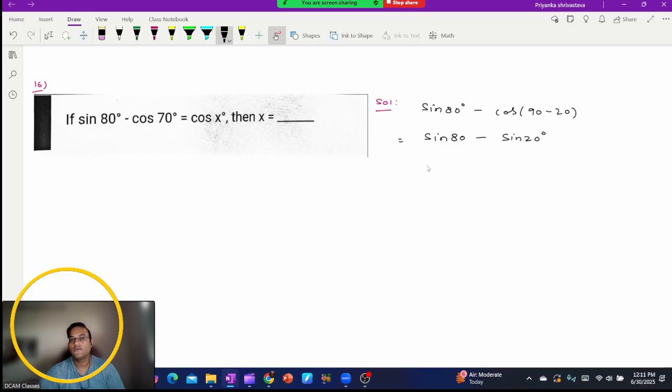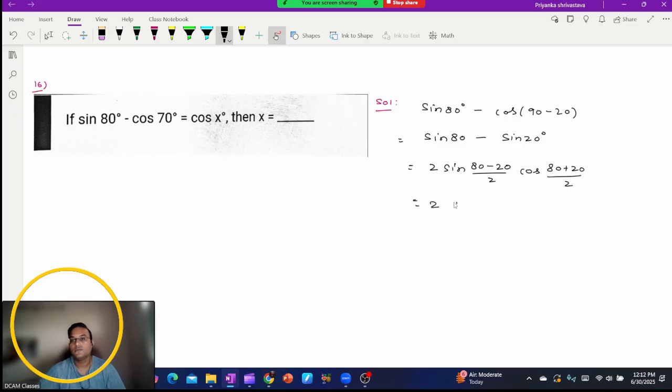And you can apply your formula: sin a minus sin b is 2 cos a plus b by 2 sin a minus b by 2. So 2 sin of 80 minus 20 by 2 cos of 80 plus 20 by 2.